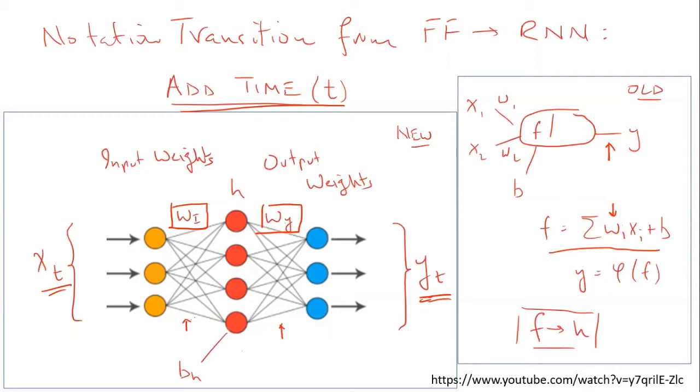So somehow you've got to be able to keep track of the changing notation. Earlier we had used f over here. Now we're going to use h because h is now the hidden layer. So we're going to replace f by h.